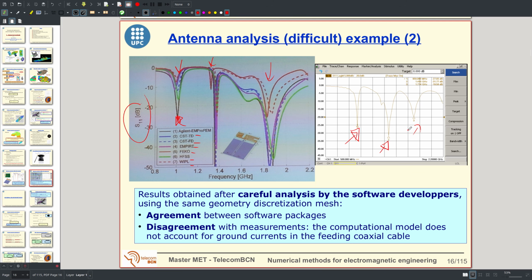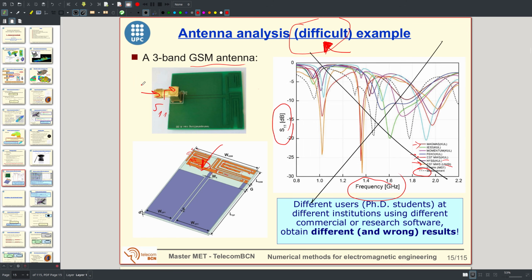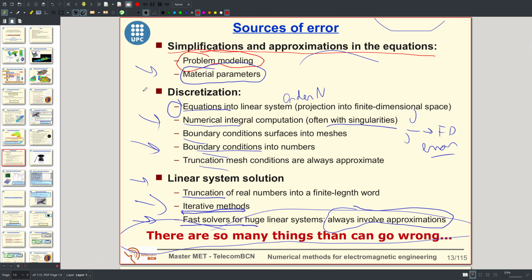And this is because this problem is also very difficult to model. This model did not account for the currents in the coaxial feeding line. The coaxial feeding line also had some currents at the exterior of the outer conductor that must be taken into account. So this is a case where you introduce an error in the approximations when you write the equations and set the model.